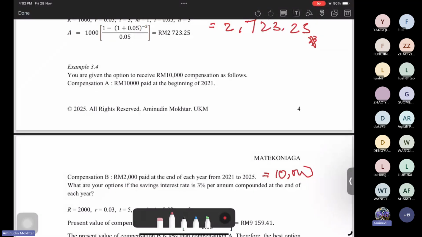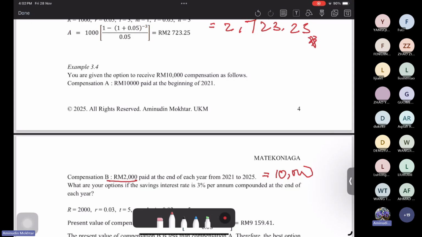For each year, you will be paid 2,000. In total, you also receive the 10,000 ringgit.